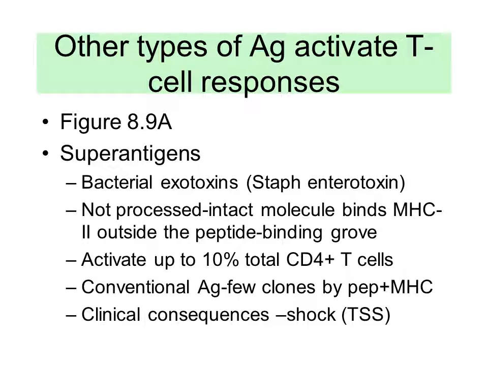Number one, bacterial exotoxin, staph enterotoxin specifically. And the other thing is any antigen which is not processed, and basically any intact molecule that binds with MSC. Remember, I told you that in order for you to have an immune response, normally you should fit that peptide into the groove of MSC, right?